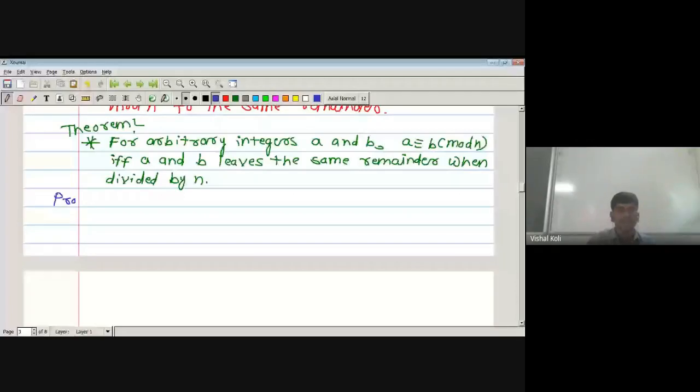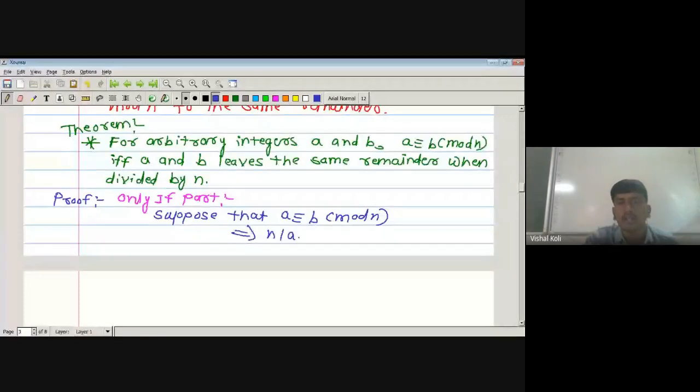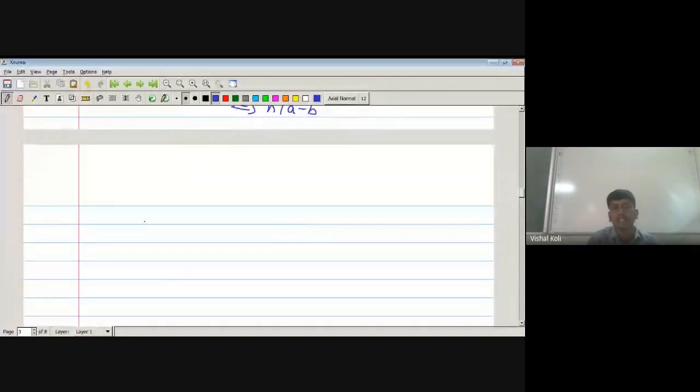Okay, a is congruent to b modulo n. Suppose that a is congruent to b modulo n. From the definition, if a is congruent to b modulo n, which implies n divides a minus b. As n divides a minus b, there exists an integer k such that n into k is equal to a minus b, which implies a is nothing but b plus n into k.